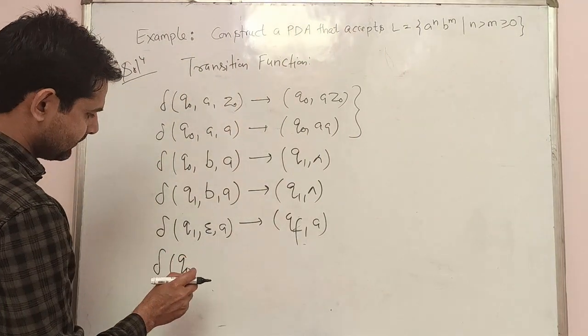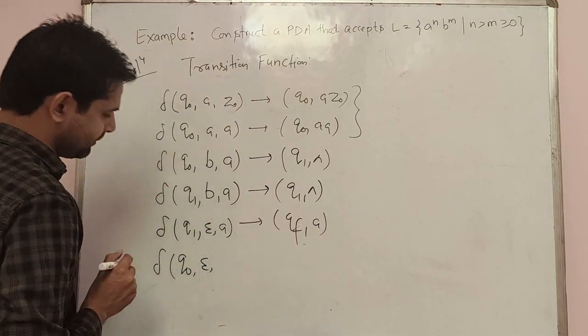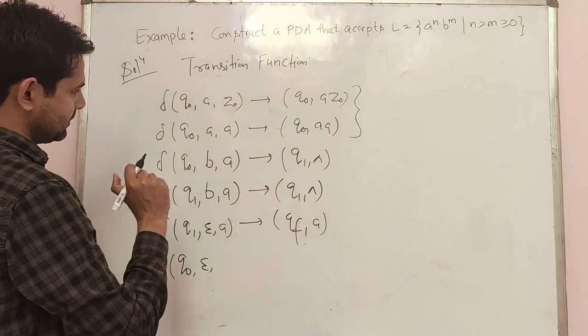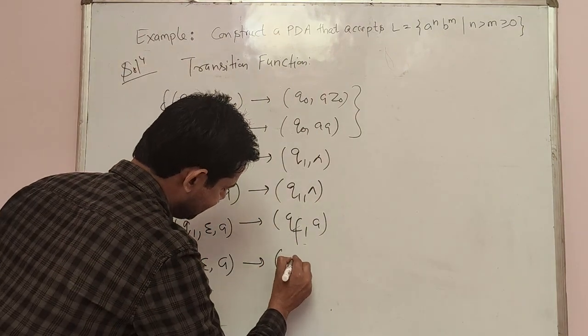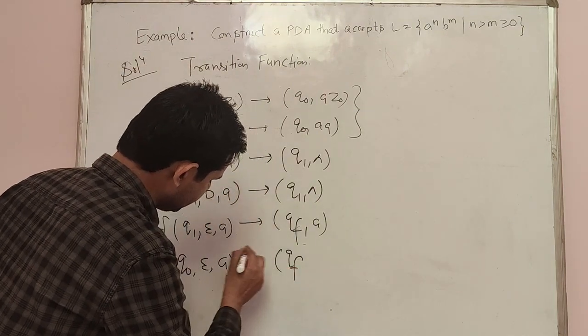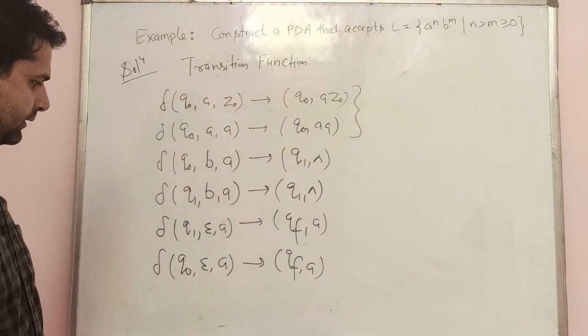So we are on the initial state and we have no input symbol, a null string, we don't have any B, and the stack top is A. In that case again we will move to this state, right?